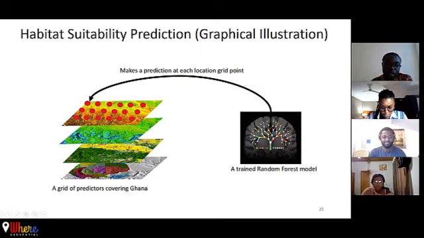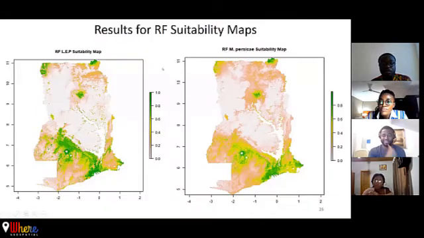The points here signify the locations where she did the sampling, and this is a grid covering the whole of Ghana. Random forest will move to the first point and make a prediction, move to the next point, until all the points over Ghana are covered. Once that is done, it gives us the suitability maps, which we can use to inform decisions.